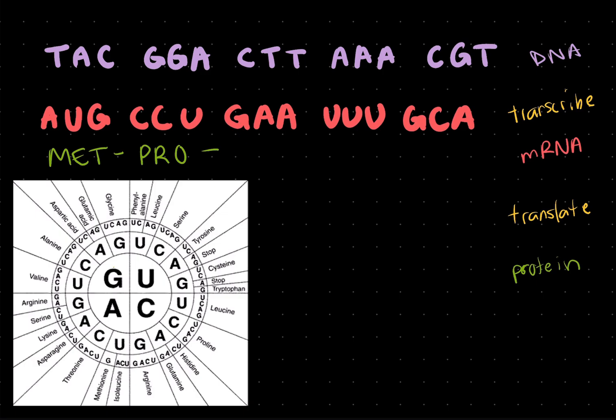The first letter is G. And then A. This codon is U. And then our final codon is going to be G, C, A.